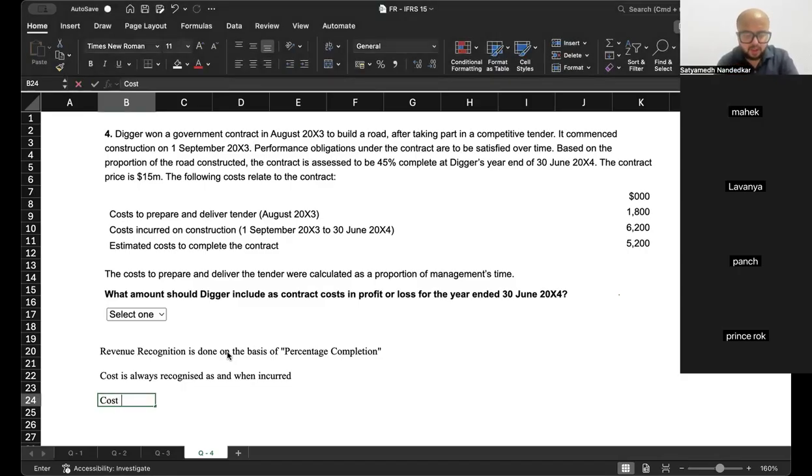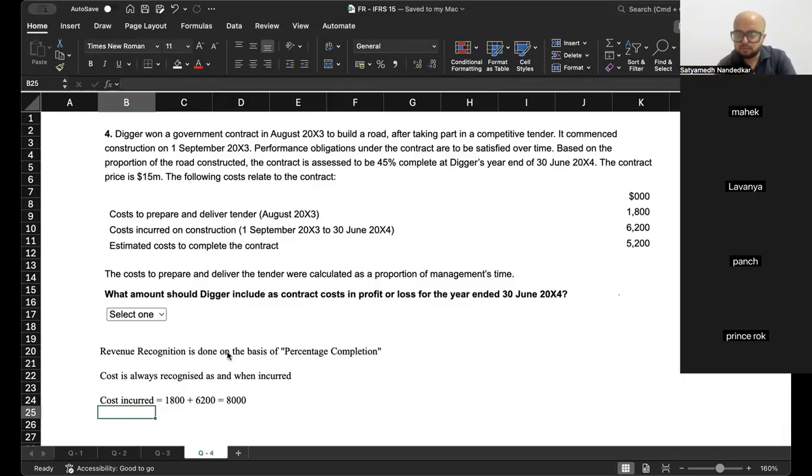So, cost incurred is 1800 plus 6200, which is 8000, है ना? इन thousands है तो वो हो जाएगा 80 lakhs basically. So it should include 8000. ठीक है, 1800 plus 6200, 8000 include करना है.